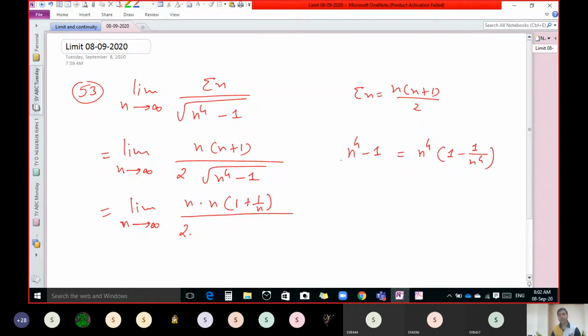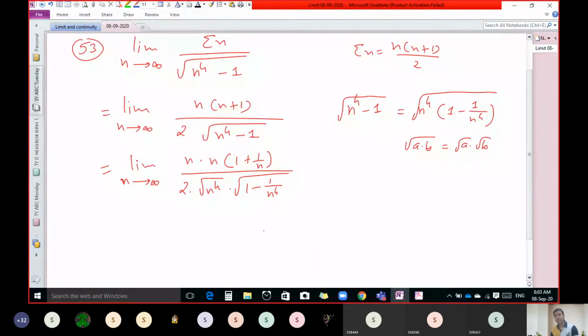And because it is a root sign, you have to write it in root. Now we have the result root of a into b, so you can write root a into root b. So you can write this as root n raised to 4 into root 1 minus 1 upon n raised to 4.